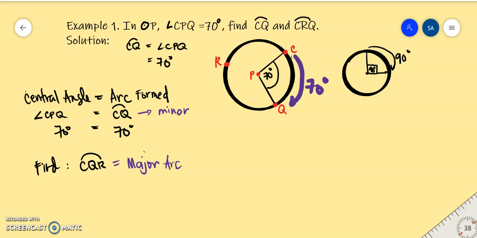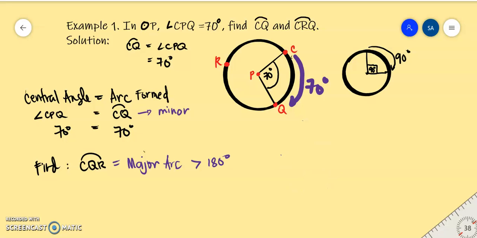Therefore, major arc, by definition, yung diniscuss natin, major arc is greater than 180 degrees. Okay? But lesser than 360 degrees. If the measure of a circle is 360 degrees, itong full na ito, so illustrate natin siya.